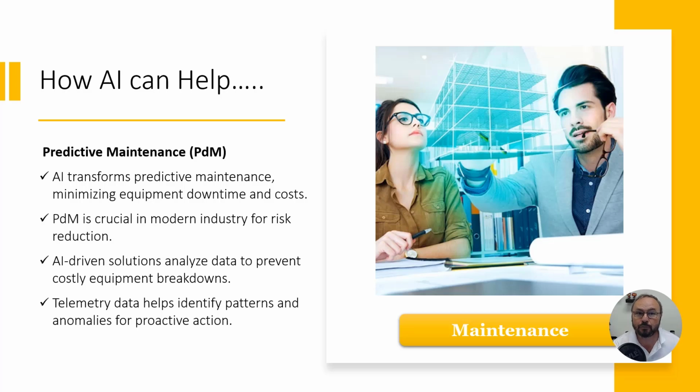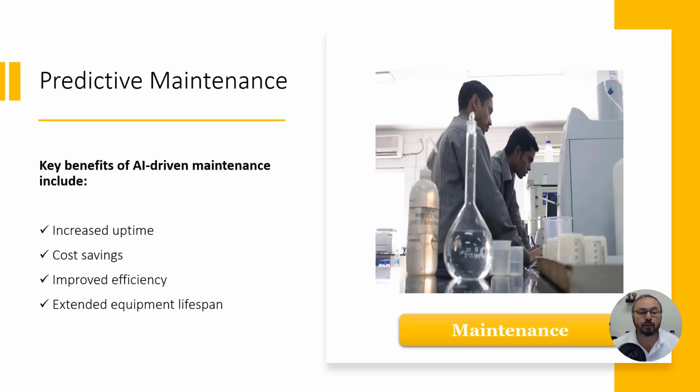Let's say also you want to keep track of the number of widgets it makes. We could use AI in that process to look at all of those data points. So an AI solution can analyze these points and determine what the life cycle is, and then alert you if there's a problem. So it could be proactive, but also reactive as well, depending on how you want to set it up. This is called predictive maintenance.